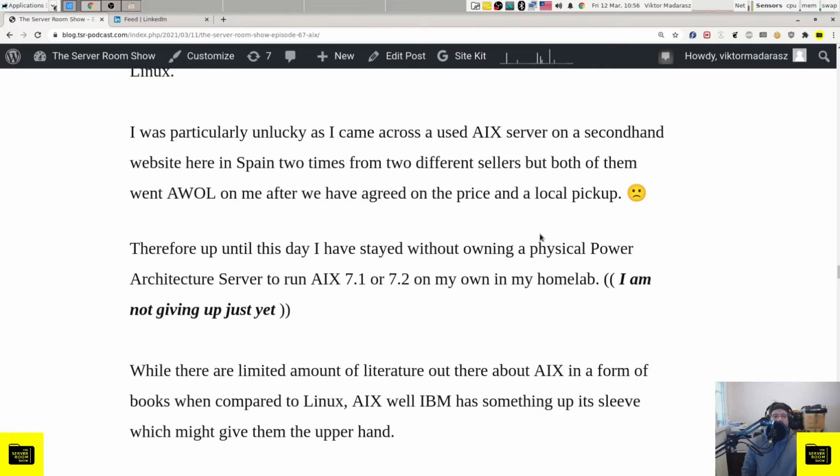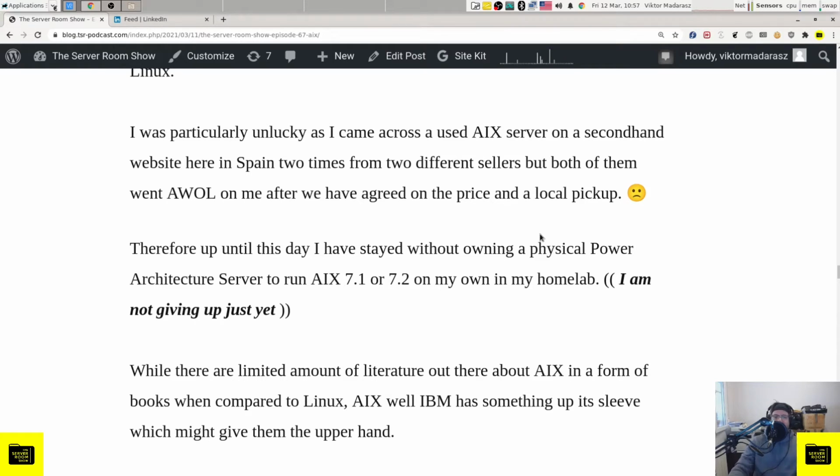I had two occasions where I had a chance to buy a used AIX server from two different sellers, but the moment we agreed on the price and the local pickup, both of them went AWOL on me, so it was very sad.